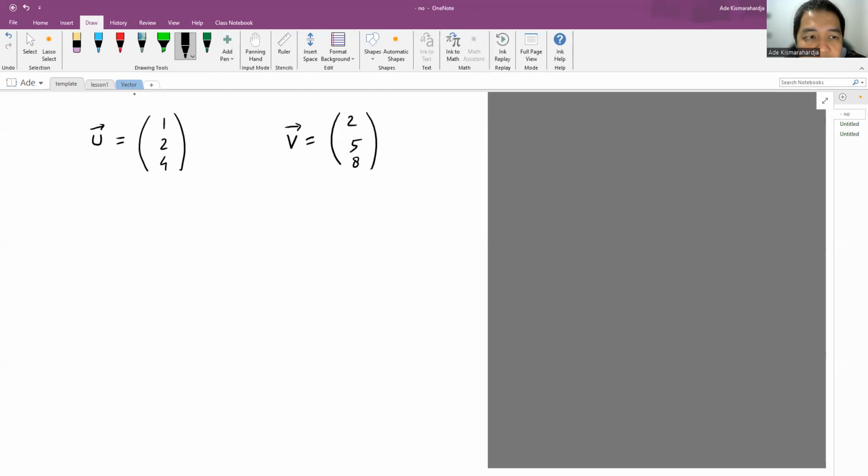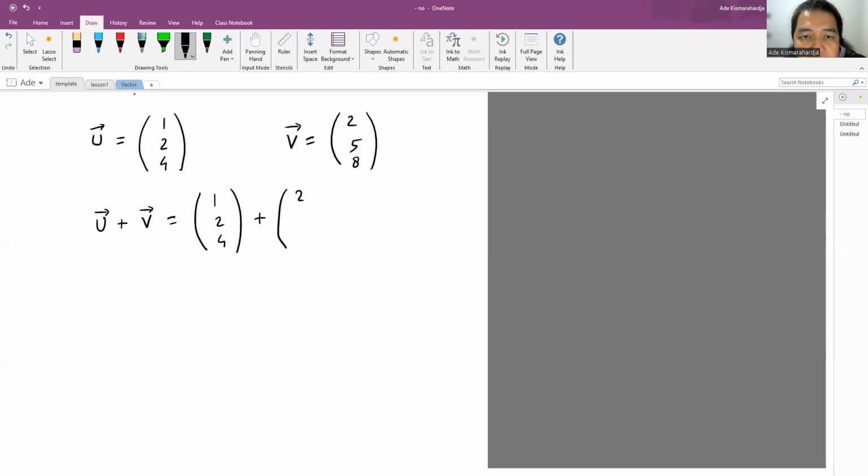Now, when you want to add vectors, for example, u plus v, the rule is basically easy. So what you do is just, you need to add the same component.